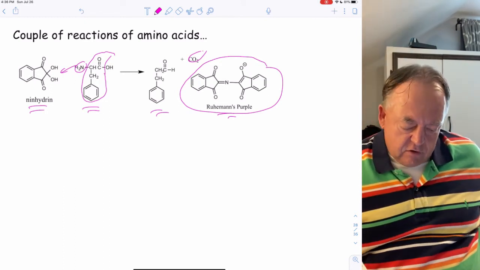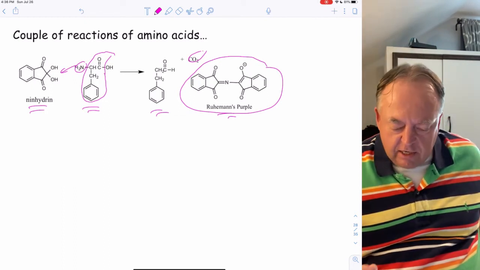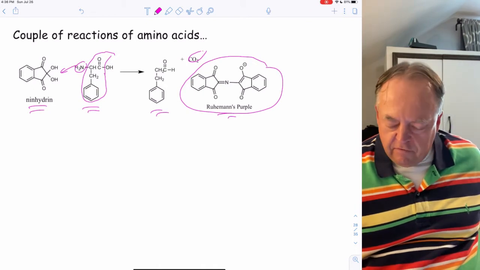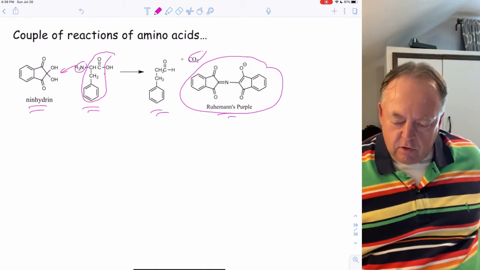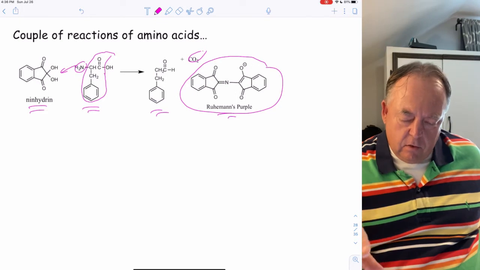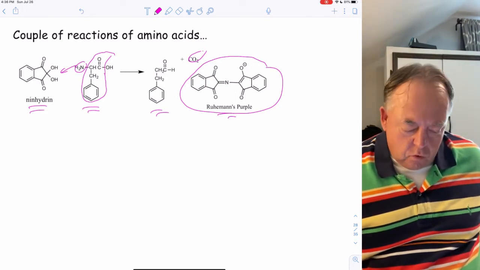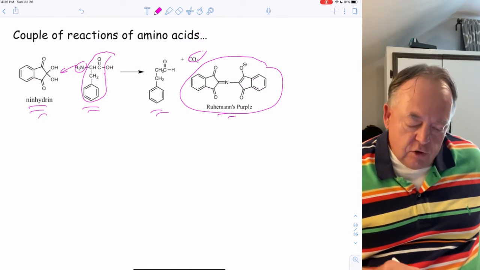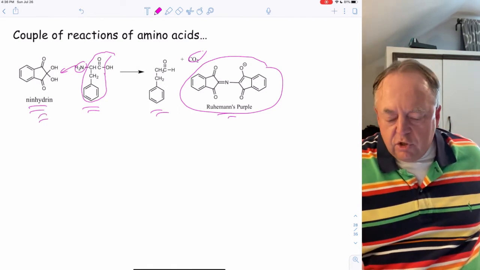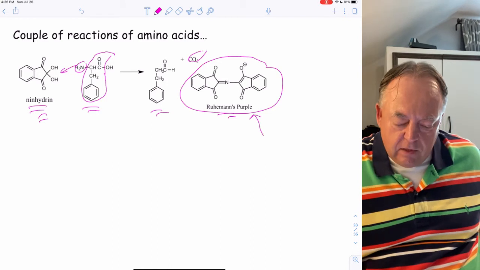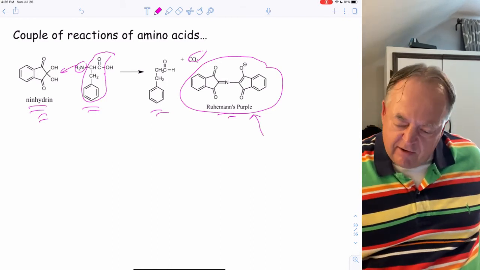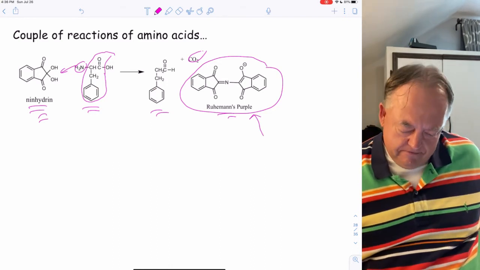The significance of this reaction is that this is how you do fingerprint analysis. If you touch anything, a little bit of amino acids is transferred, and those amino acids will react with ninhydrin, and you'll get this purple color from Ruhemann's purple, so now you have a trace of the fingerprint, right?